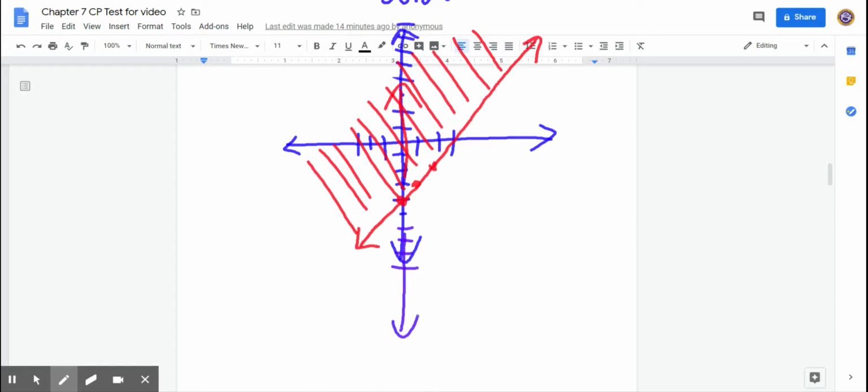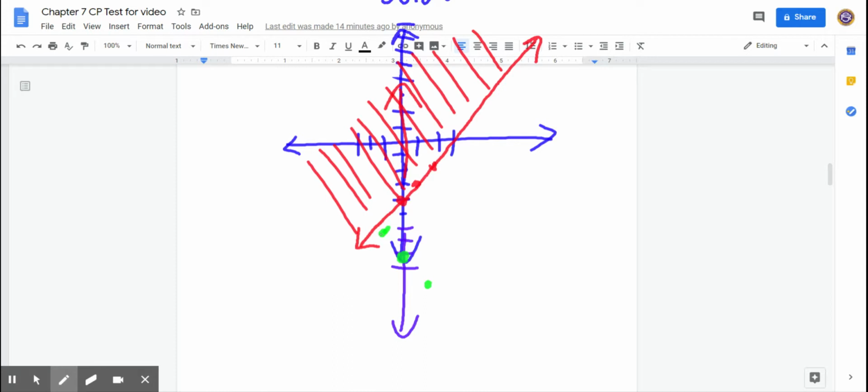We can make that a little longer. All right. And let's do this in green. So if I go down 4, 5, 6, 7, 8 and put a point, and then my slope is negative 2, so that would be down 2, right 1, or up 2, left 1. Now before I draw that line, I have to decide, was it a solid line?